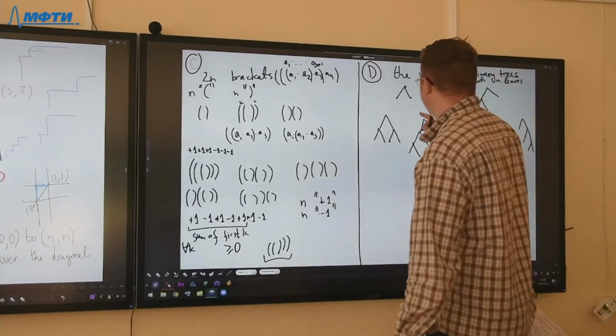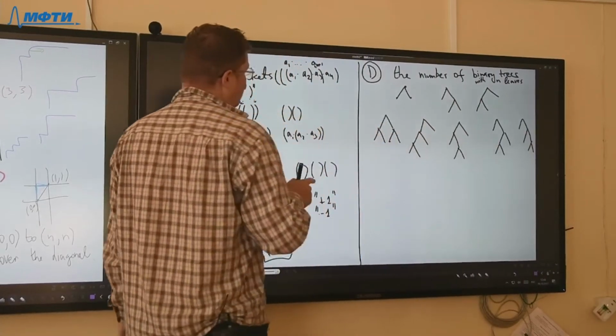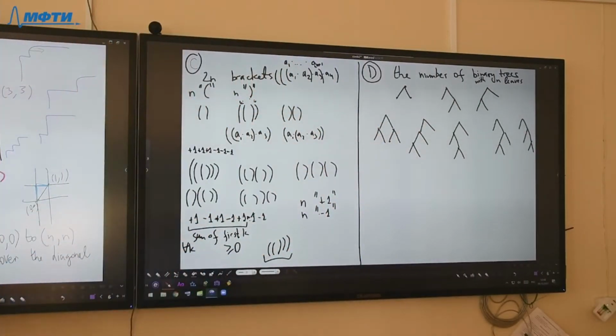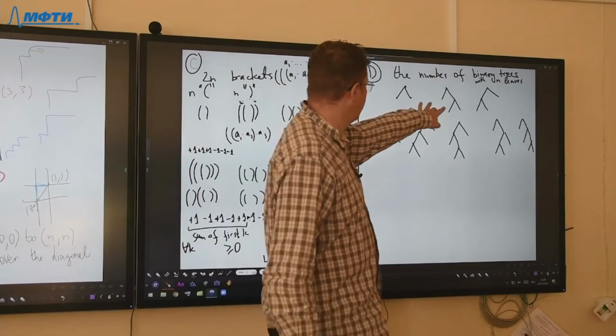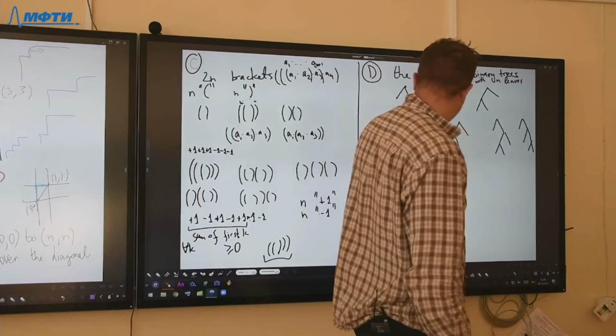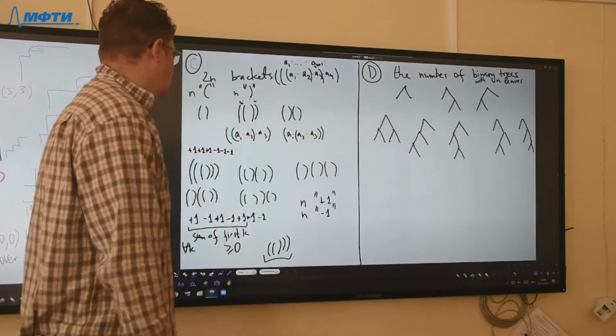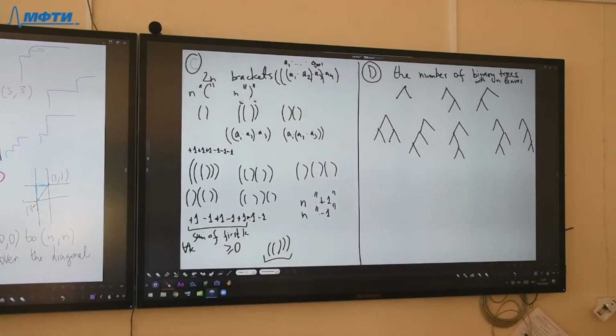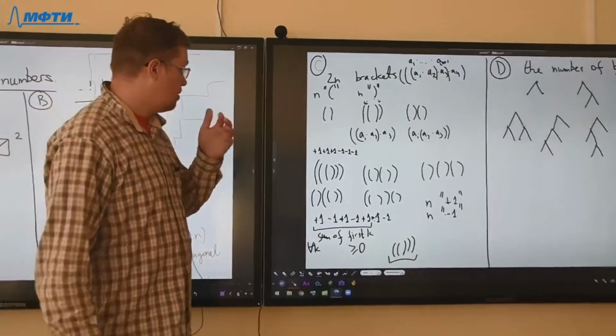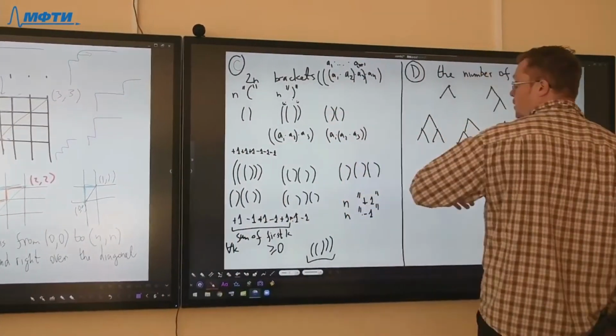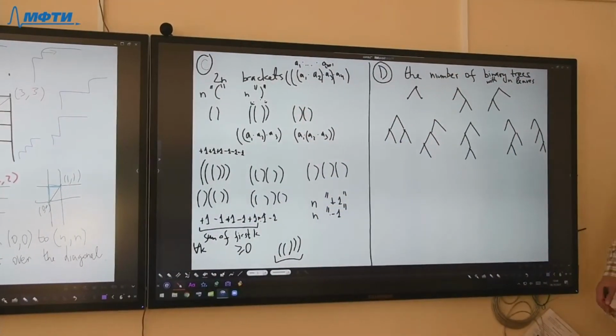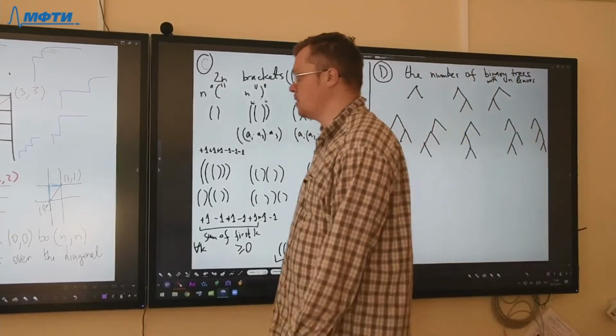So here, if you have 2 leaves, you have 1, 3 leaves, we have 2, and for 4 leaves, I will have 5 different kinds of binary trees. And actually, there are a lot more different definitions of Catalan numbers, but I think we'll stop here.